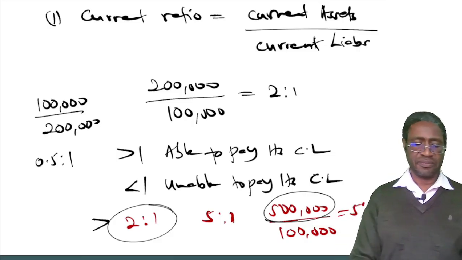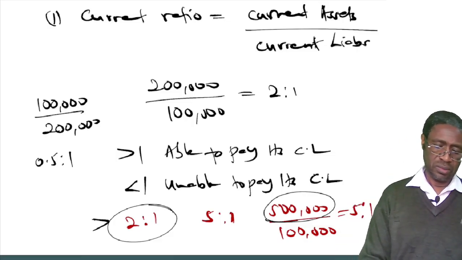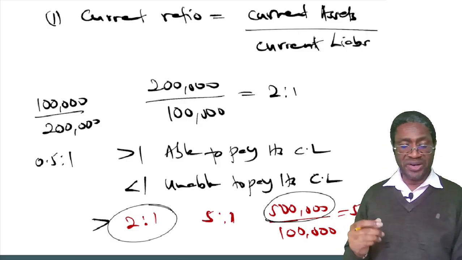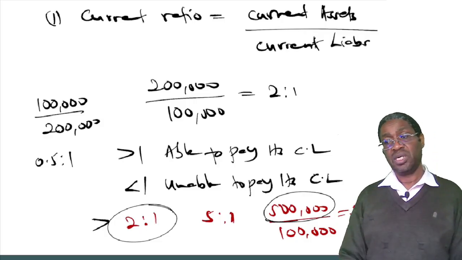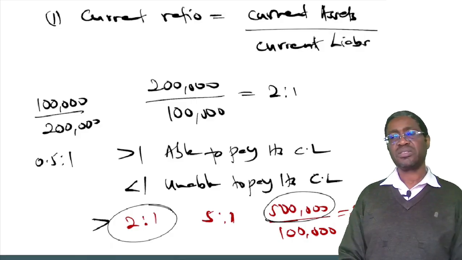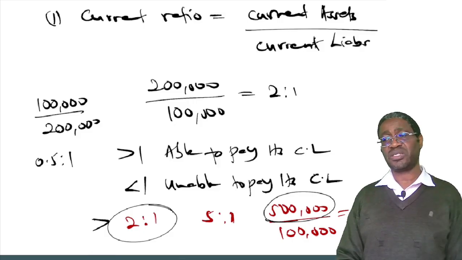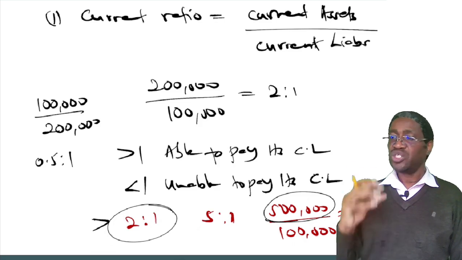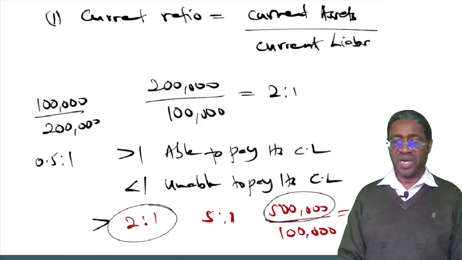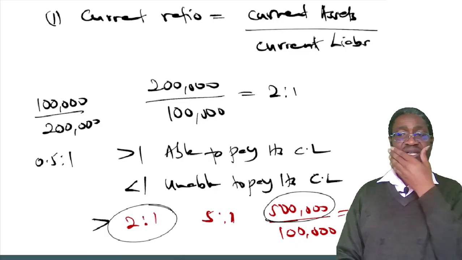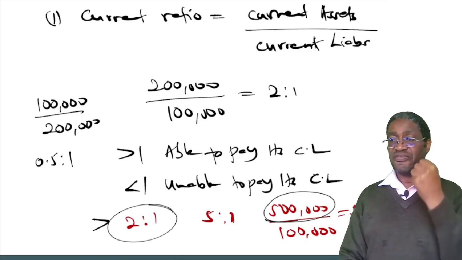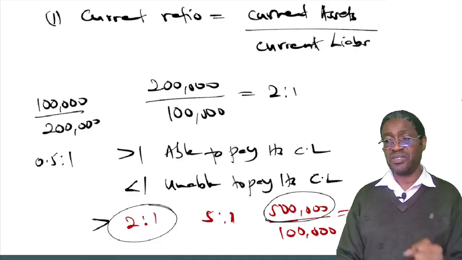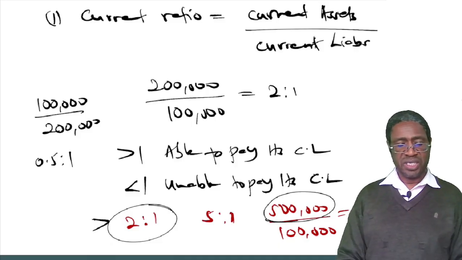Next, another paragraph. Any ratio greater than 2:1 means that the firm is holding too much funds in current assets.